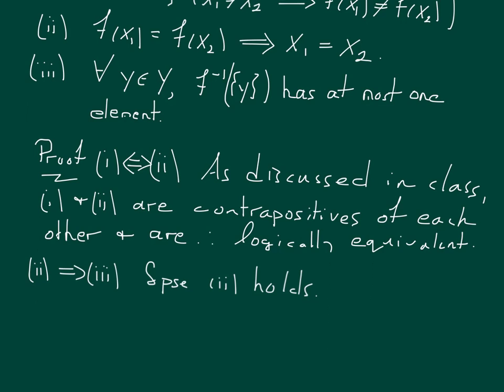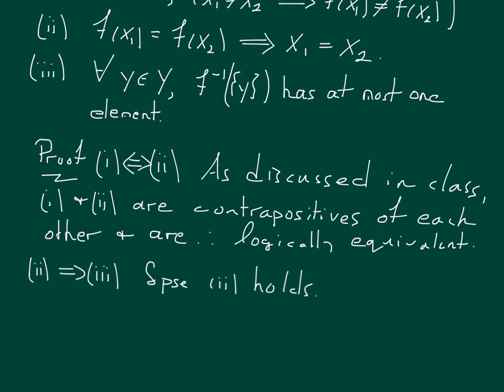Well, we're assuming that whenever f maps x1 and x2 to the same value in Y, then x1 and x2 actually had to be the same. And what are we trying to do? We're trying to show that statement 3 holds, which is to say that given any y in Y, the preimage of the singleton set {y} under f contains at most one element.